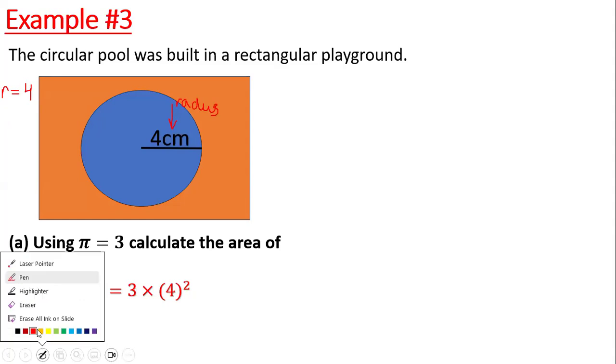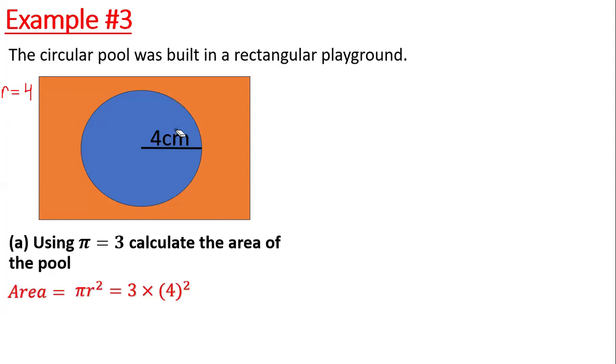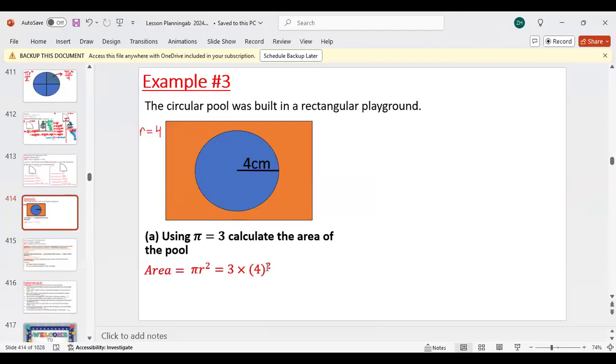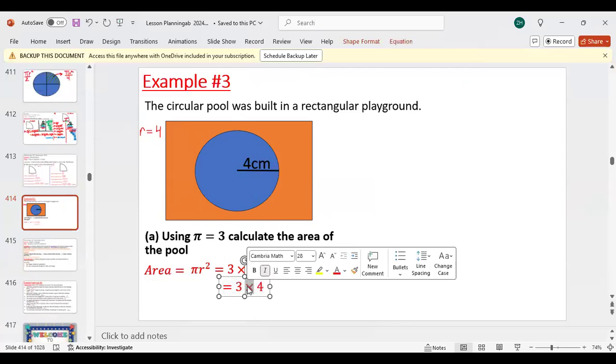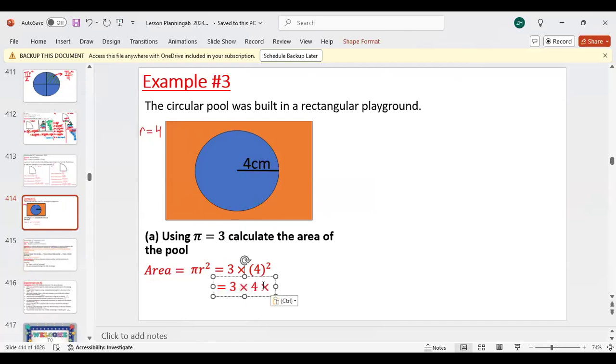Now, what else do we need? We need 4 times 4, which is 16. So it's going to be equal to 4 times 4, 4 multiplied by 4.